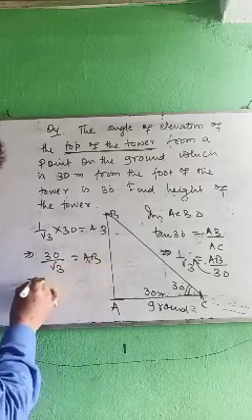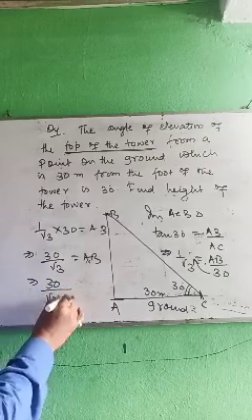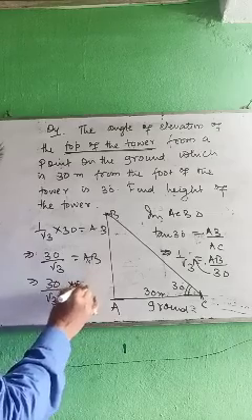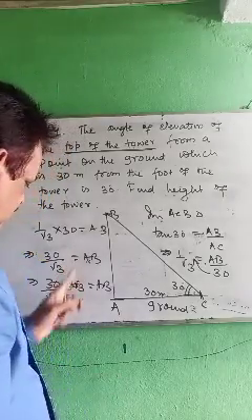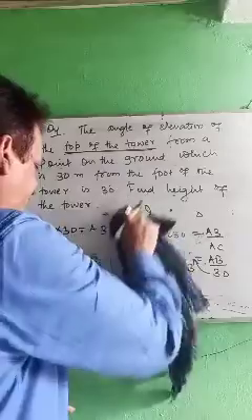So rationalize. Root 3 numerator and denominator multiply. So what will you get?